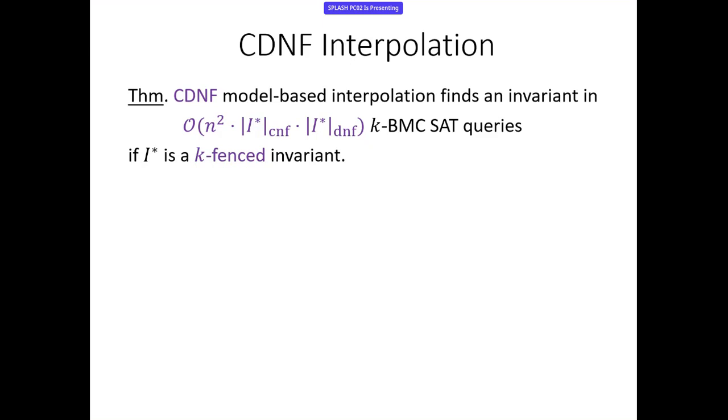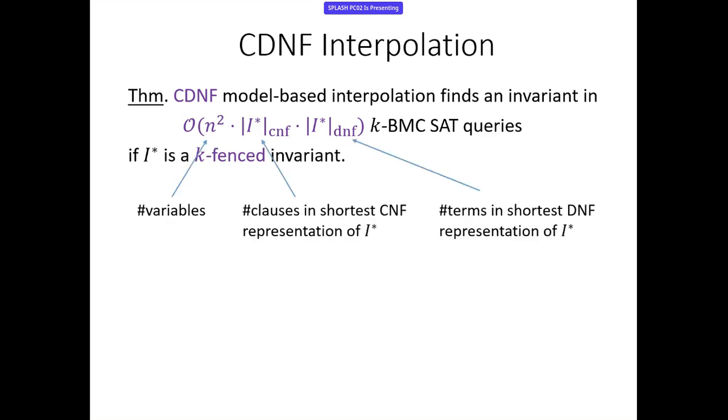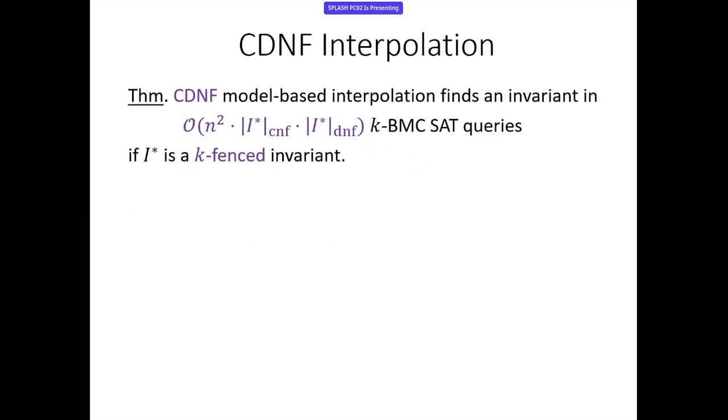We show that it successfully infers an invariant in a number of bounded model checking queries bounded by the number of variables squared times the CNF size of the target invariant I star, times the DNF size of the same target invariant, where the DNF size is the smallest number of terms required to represent the formula in disjunctive normal form, as long as the target invariant I star satisfies the fence condition.